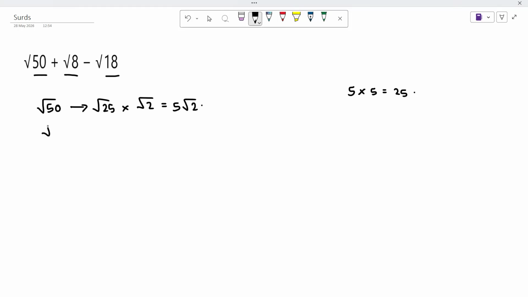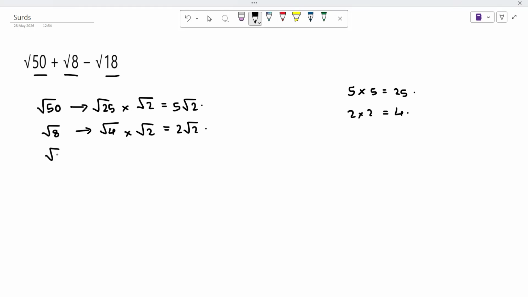Let's see root 8. Root 8 can be written as root 4 into root 2. Root 4 is 2 into 2, or 2 square is 4. So square root of 4 is 2, and 2 into root 2 is 2 root 2. So root 8 is simplified into 2 root 2.